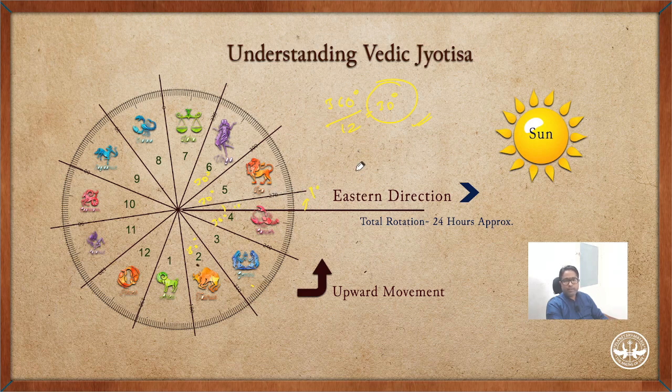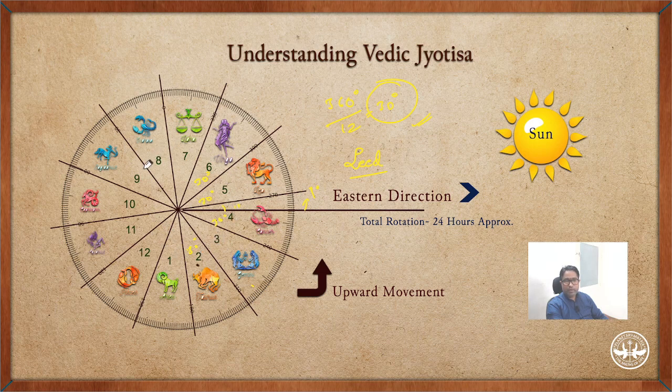This is the seed of our horoscope and is called lagna in North India, in Jyotish. It is the rashi which is rising in the eastern direction at the point of our birth. It can be anything: 1, 2, 3, 4. These numbers actually represent rashis in Vedic astrology. 1 is Aries, 2 is Taurus, 3 is Gemini, 4 is Cancer.